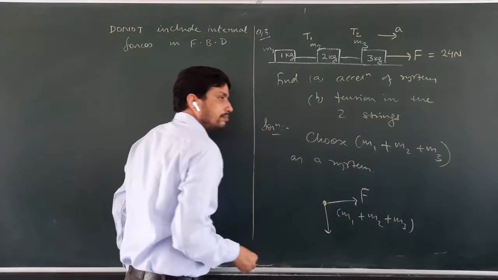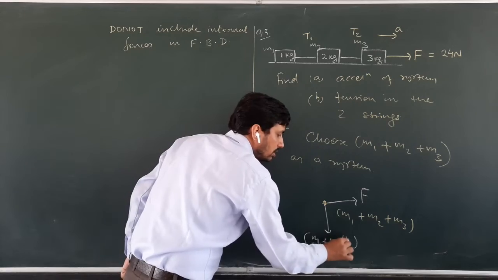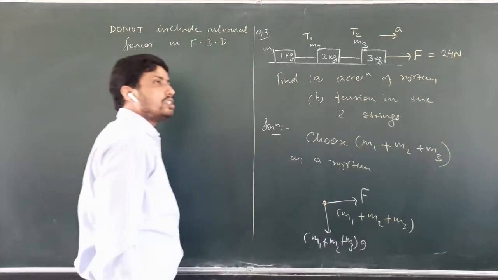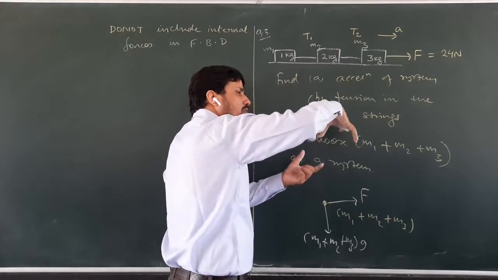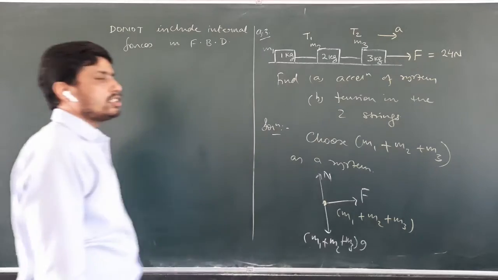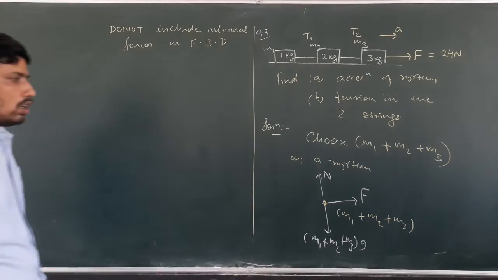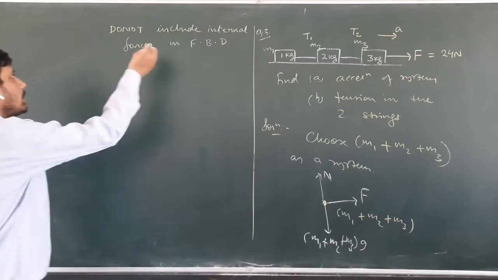Other one is gravity, M1 plus M2 plus M3 into g, and the ground will offer a reaction. These three masses will push the ground. Ground will offer a reaction, Newton's third law. That reaction force is, suppose, L. So these two forces, in vertical direction there is no motion.